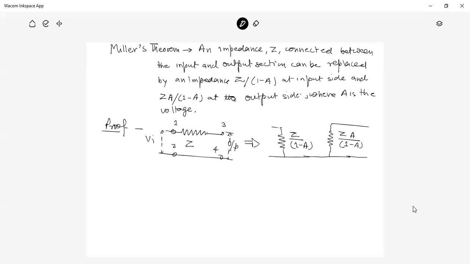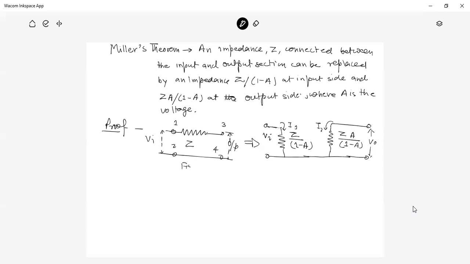This is the terminal V input, and this one is V output, and here the current I1 is flowing and this current I2 is flowing in the circuit.